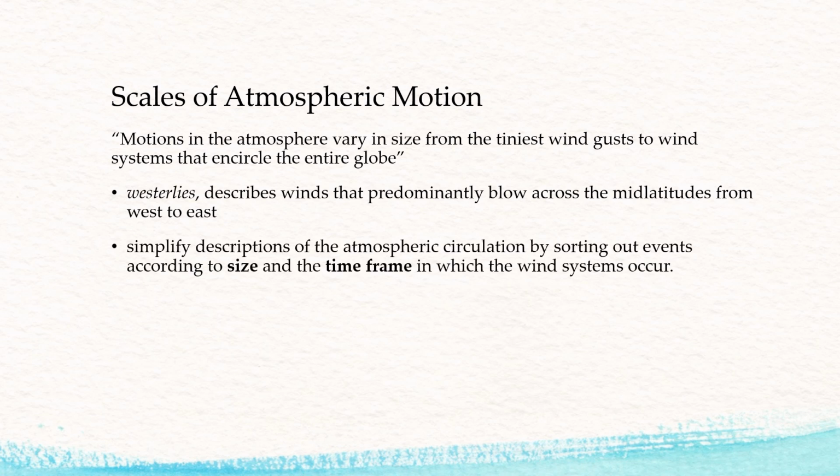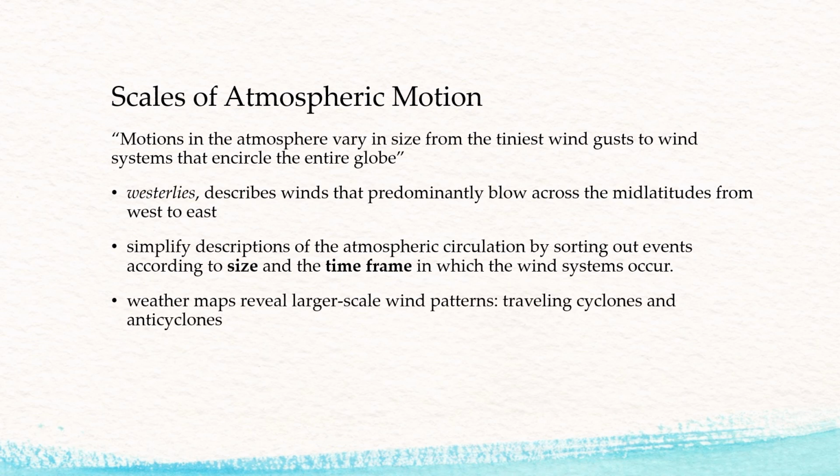These scales of atmospheric motion simplify the descriptions of the atmospheric circulation by sorting out events according to size and the time frame in which the wind system occurs. So the hierarchy of motion from tiny gusts to giant storms is what we call the scales of motion, because it simplifies the description of the atmospheric circulation.